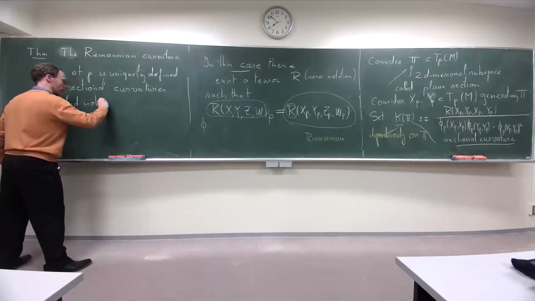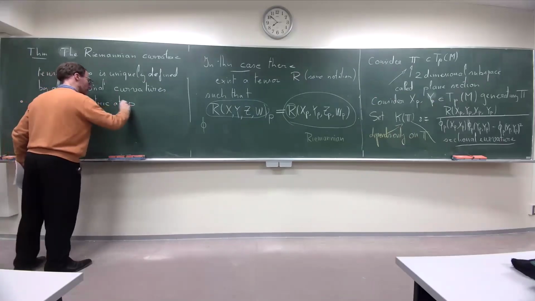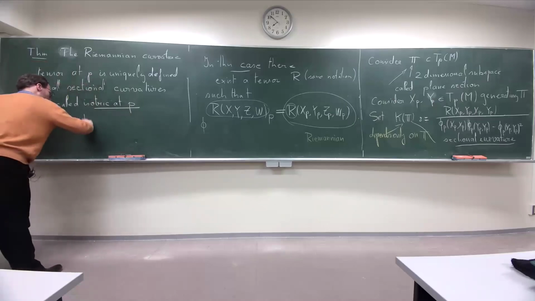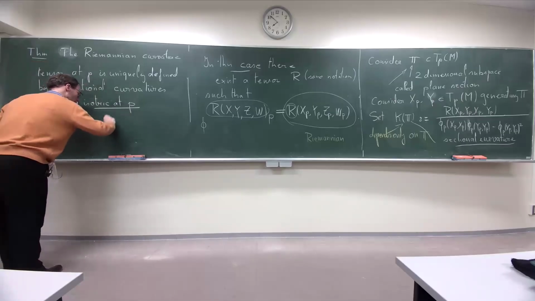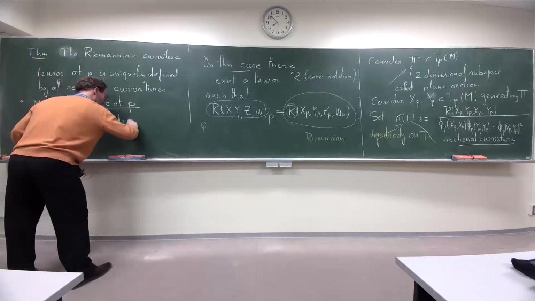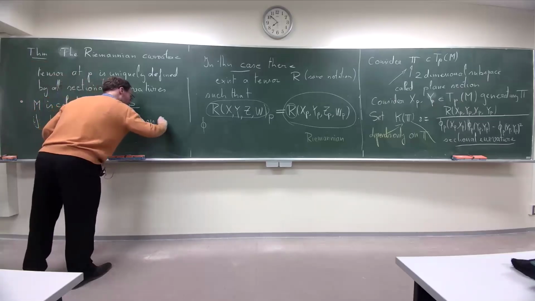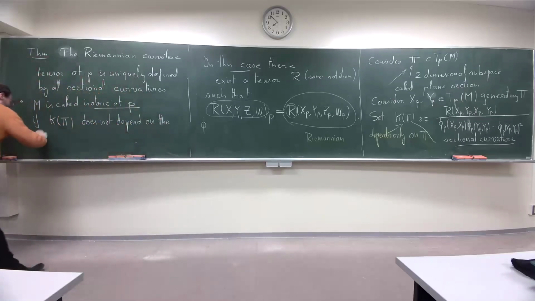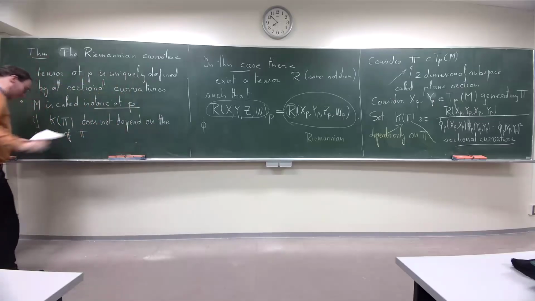isotropic at P. It's called isotropic at P if this K of pi does not depend on the choice of pi.